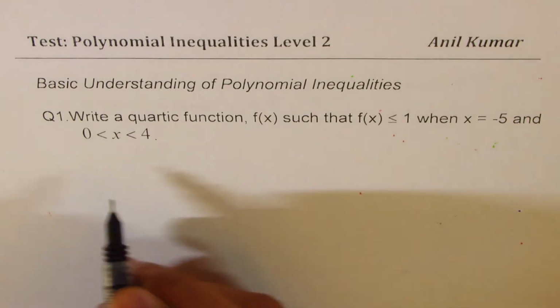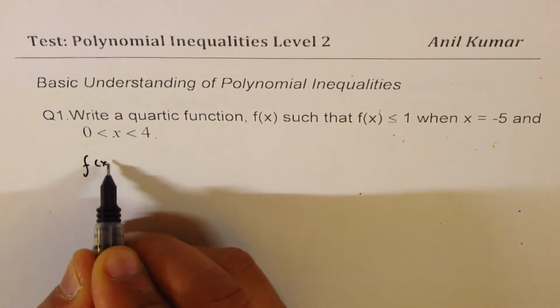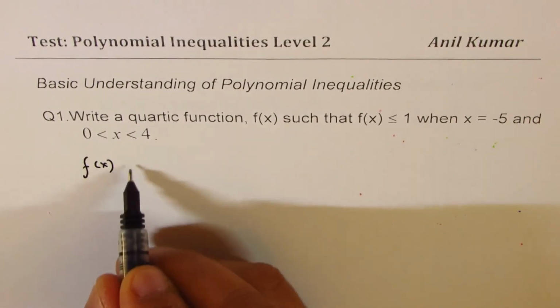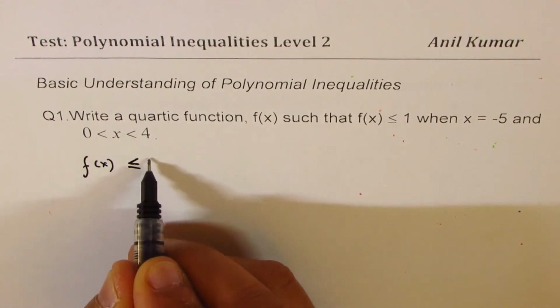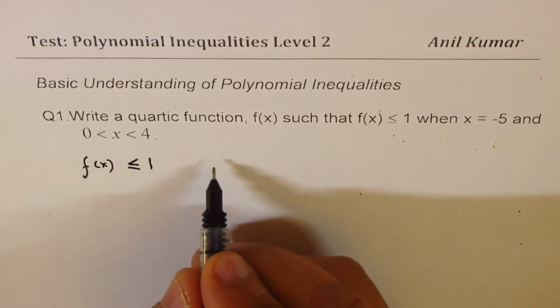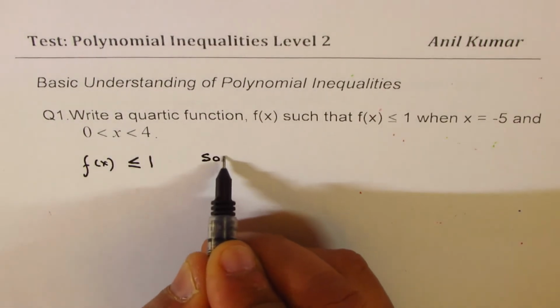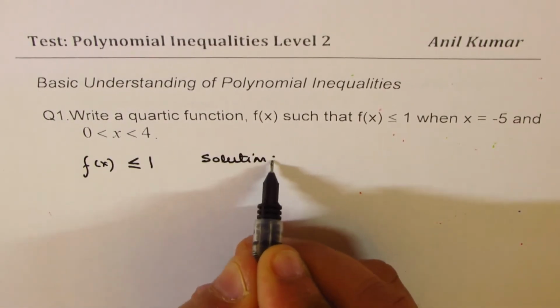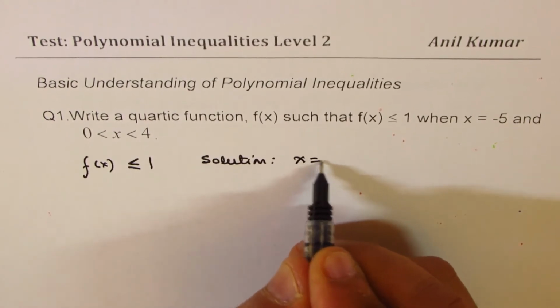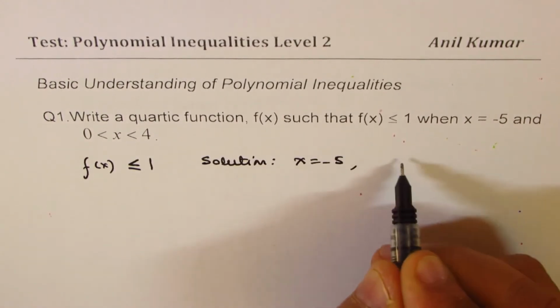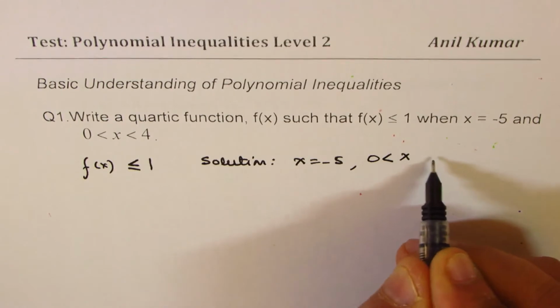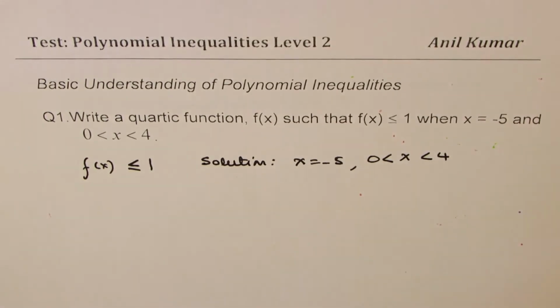So we are given a quartic function, which is less than equal to 1, right? And the solution for this is x is equal to -5 and x is between 0 and 4. Do you understand the question?